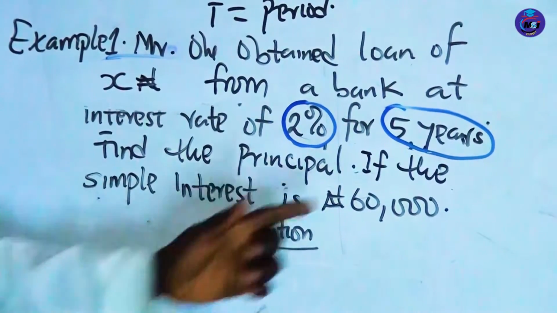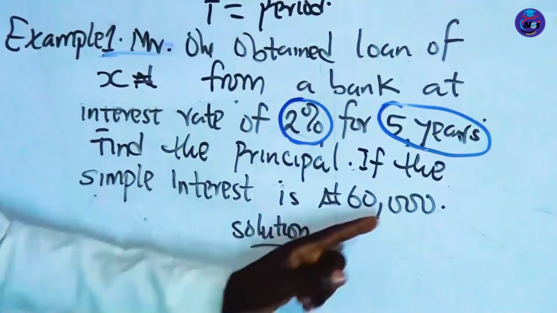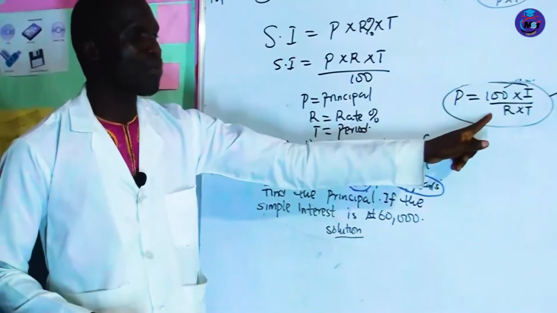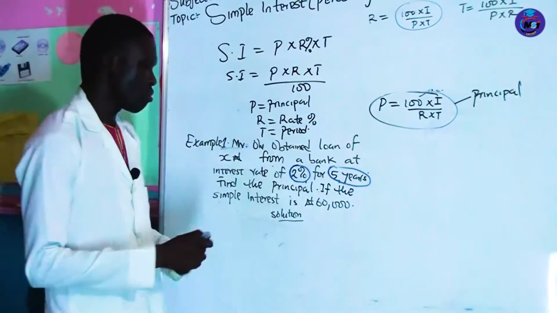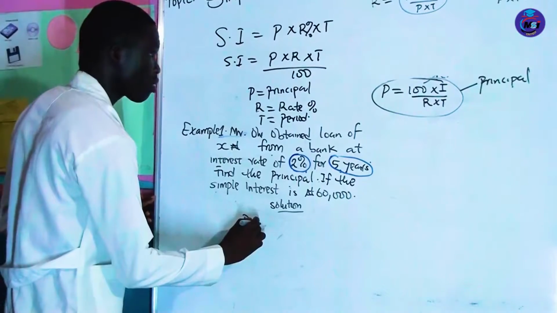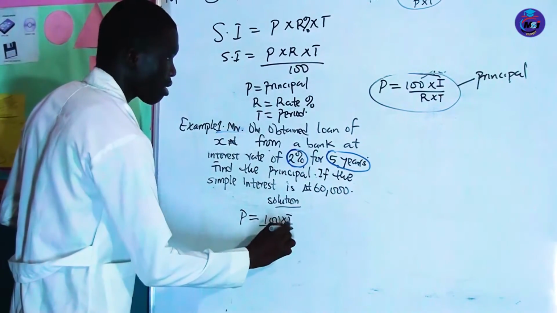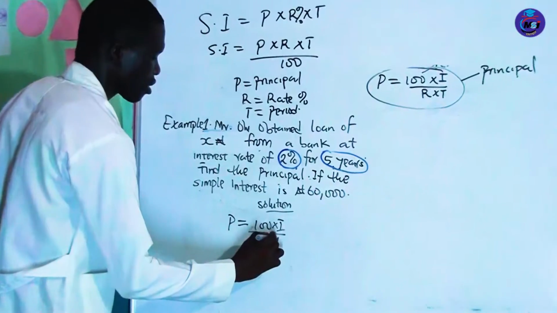Find the principal if the simple interest is 60,000 naira. So what are we going to do? We have to go back to this formula. P equals 100 times I divided by R times T.